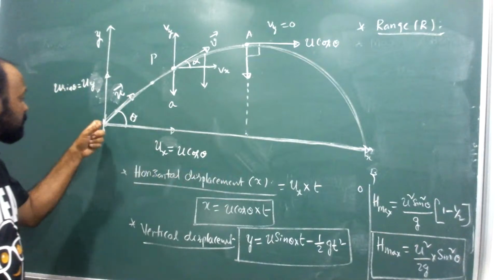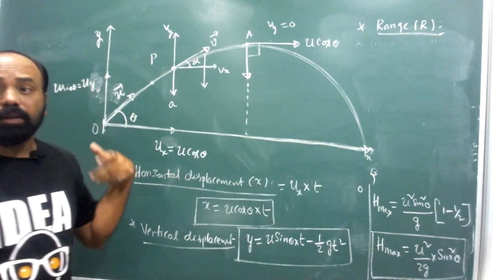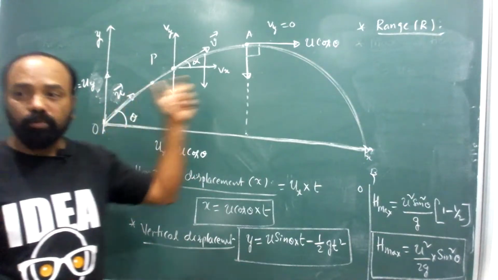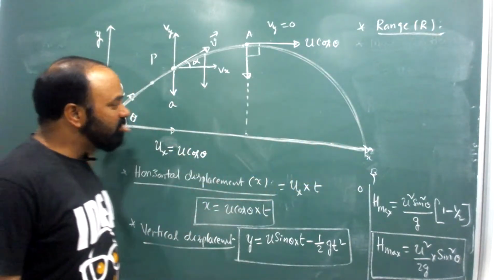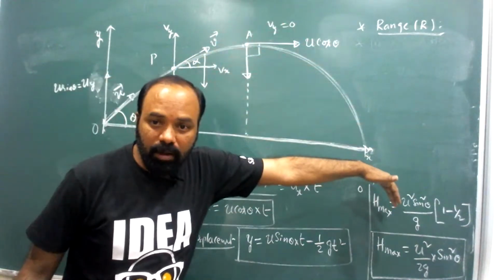The total time is starting here and coming back to here, the total time taken by the body to travel from point O to point B. It will not travel directly; it will go to point A, then come back to point B.